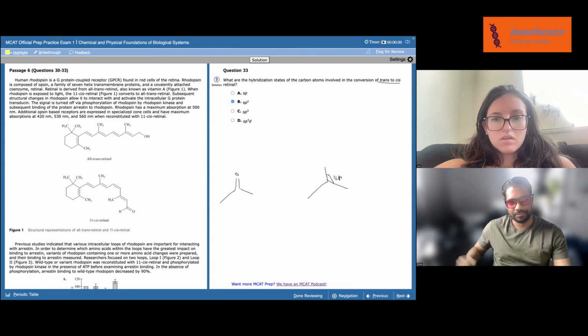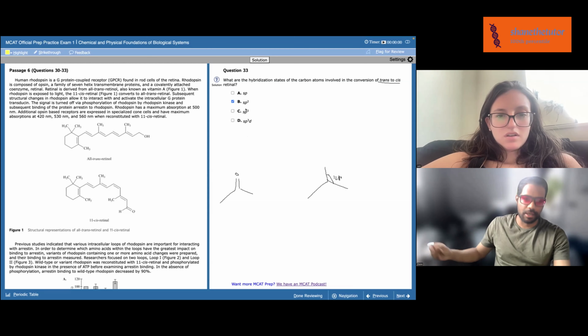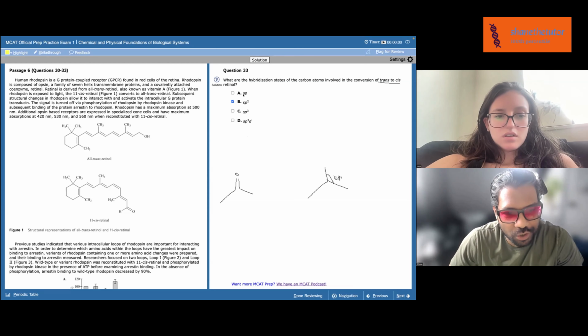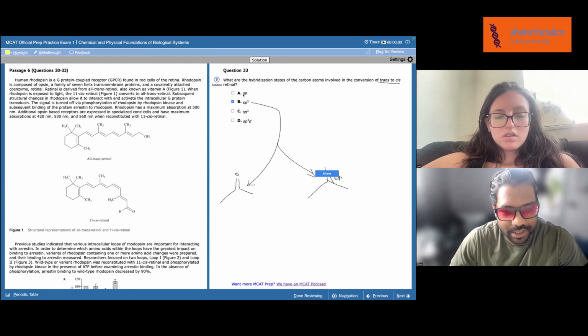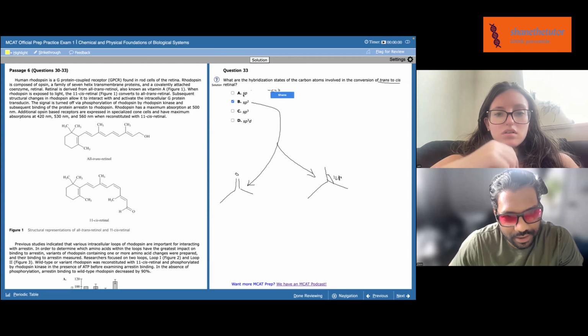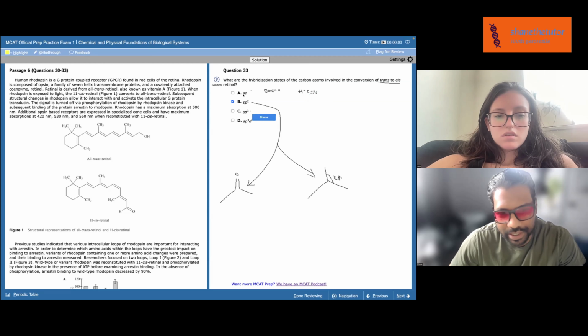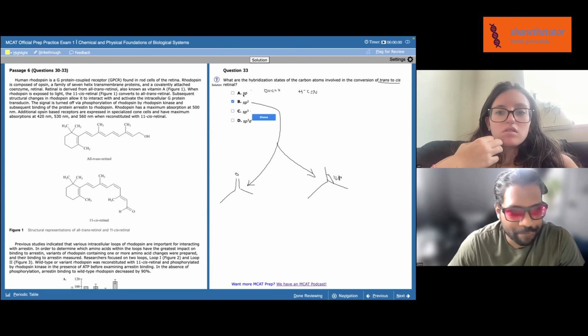But what does this have to do with hybridization? Oh yeah, so the sp2 looks like these. Sp on its own is linear, so that could be like CO2 or hydrogen cyanide, linear. Sp3 is single bonds.